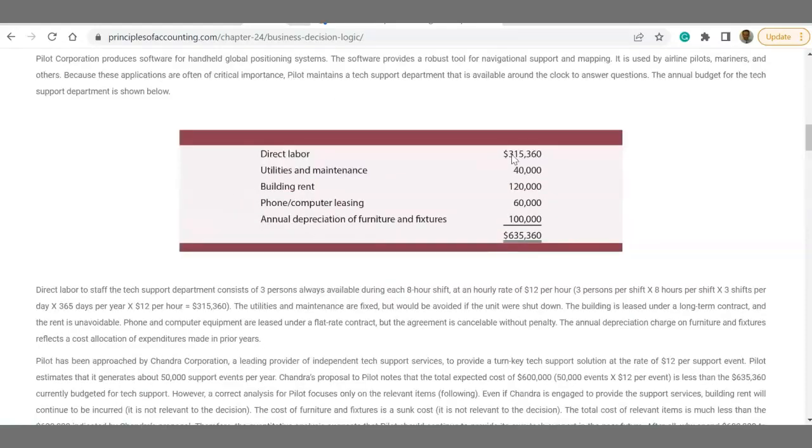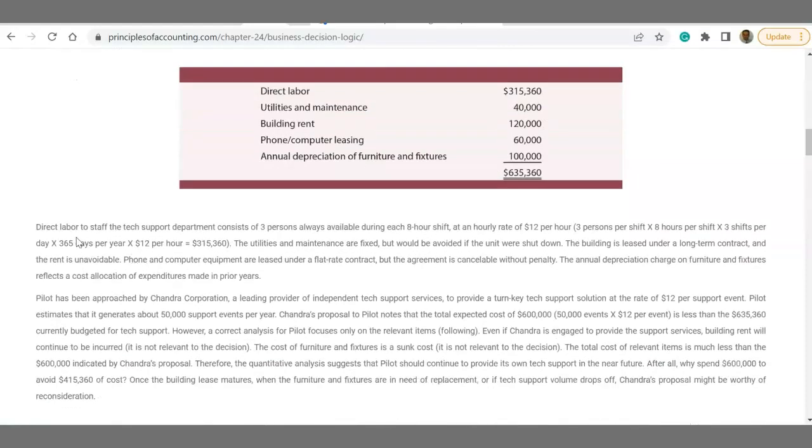The annual budget for the tech support department is shown below. They have direct labor, utilities and maintenance, building rent, phone expense, and annual depreciation of equipment. Total $635,360. Direct labor to staff the tech support department consists of 3 persons, always available during each 8-hour shift at an hourly rate of $12 per hour.